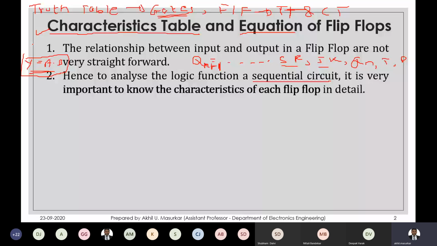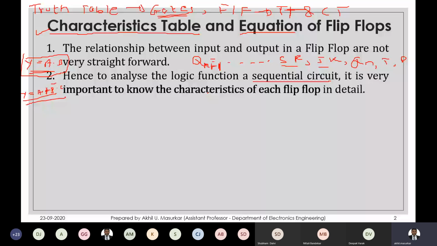But for a sequential circuit also we want something similar, because it is easier to implement such functions using basic logic gates. Hence, to analyze the logic function of a sequential circuit, it is very important to know the characteristics of each flip-flop in detail. So we want to find out the characteristics of each flip-flop in detail.